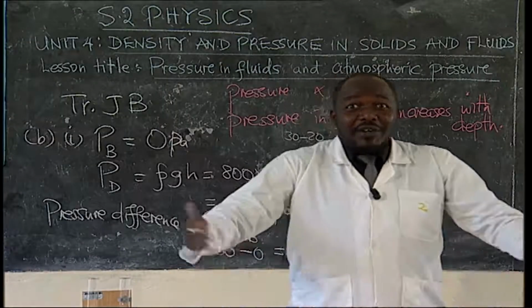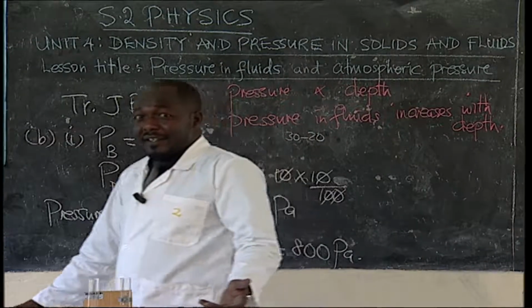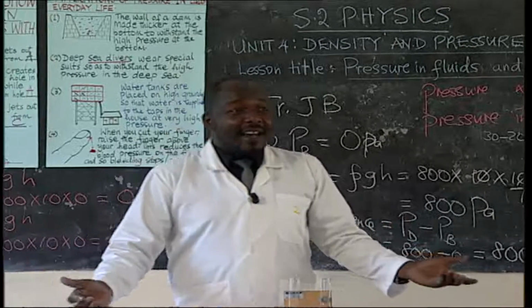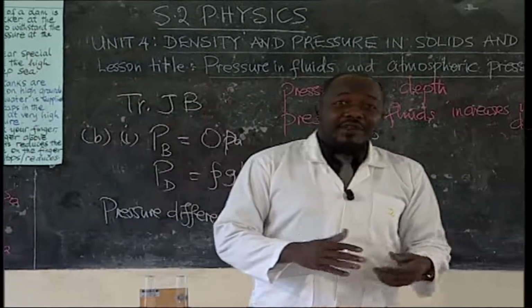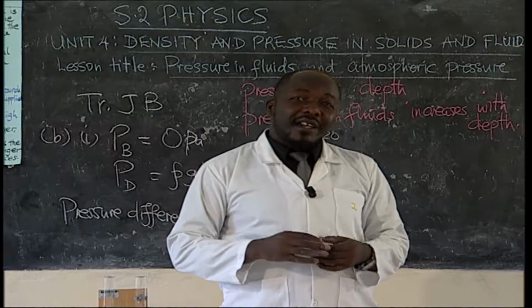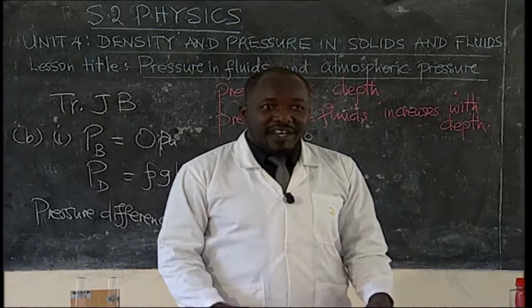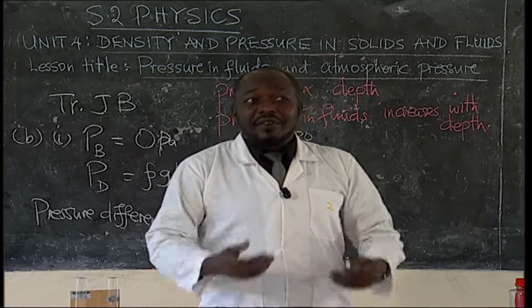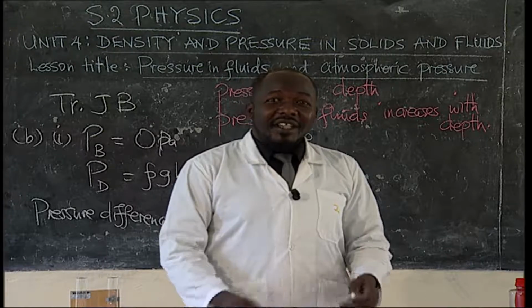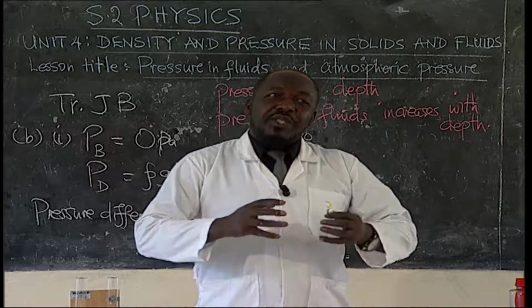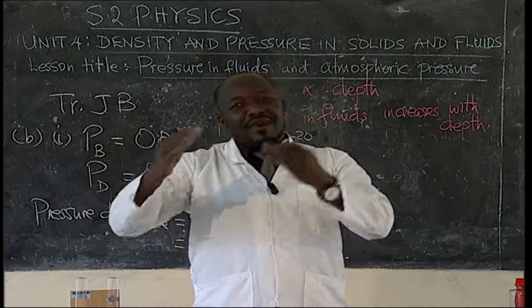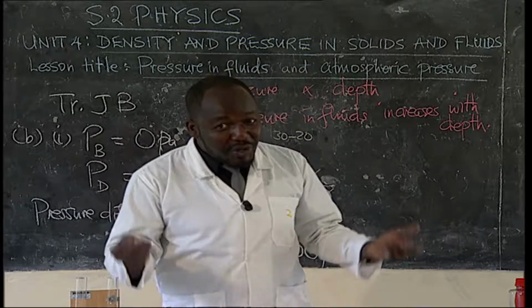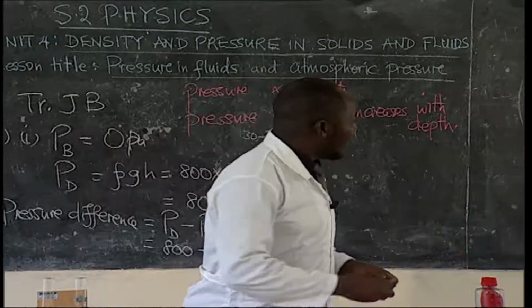No. Personally, I don't feel it. But it is there. We don't feel it because the way our bodies are made, we have fluids in our bodies like blood that is also flowing, and so many other body tissues which exert a pressure that counterbalances atmospheric pressure. So we don't feel it, but it is a lot.